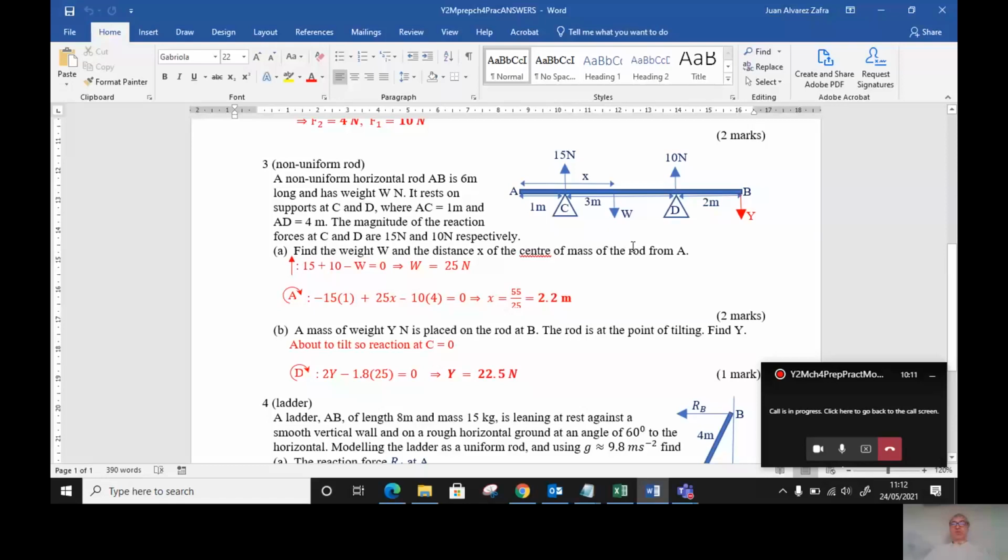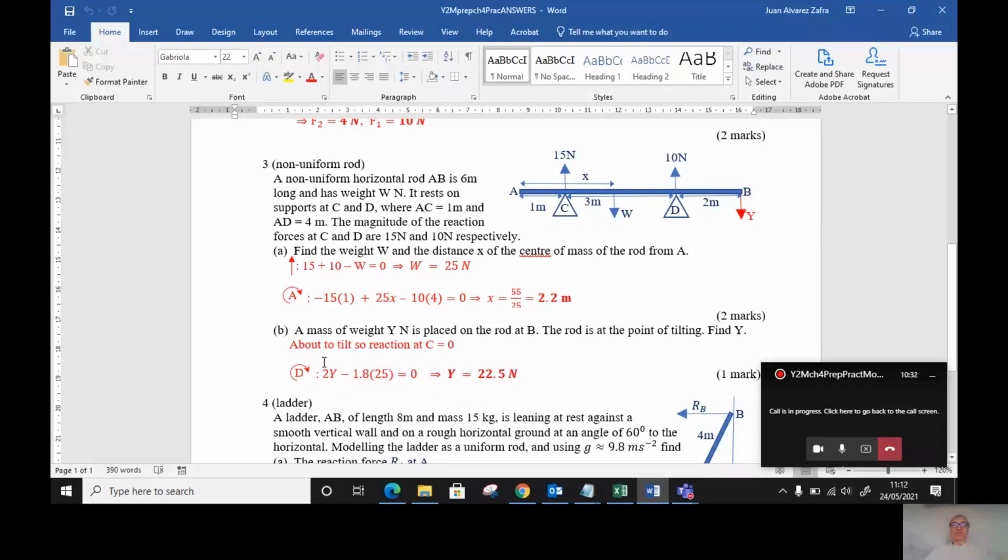So we can take moments about wherever we like, but the easiest is to take moments about D, because then we don't need to calculate this reaction force here, and we know that this reaction force here will be 0. So if we take moments about D in this new situation when it's about to tilt, we have that the distance from D of Y is 2.